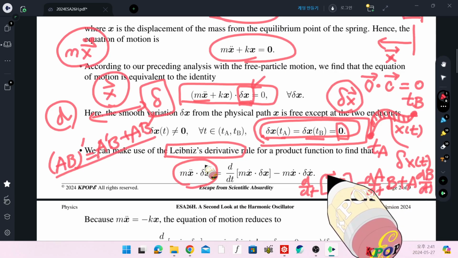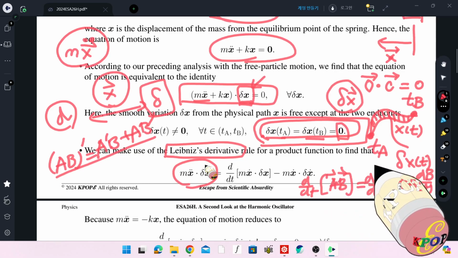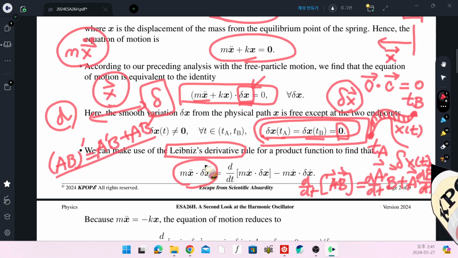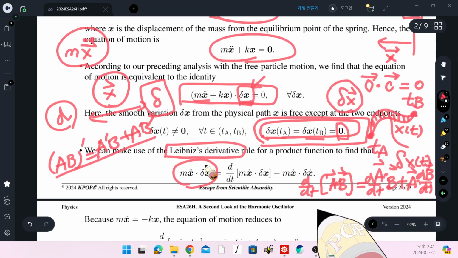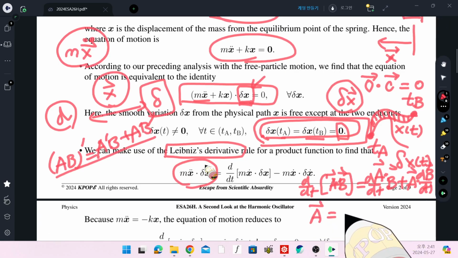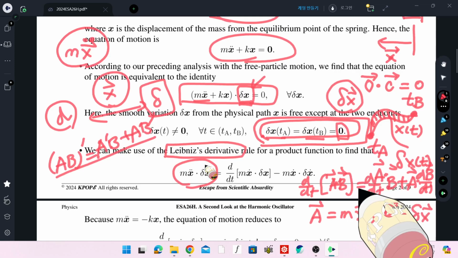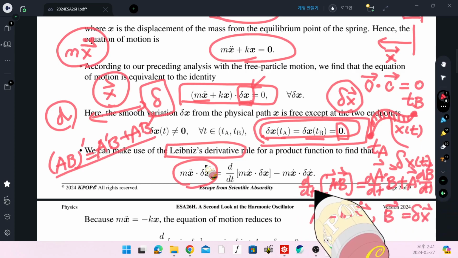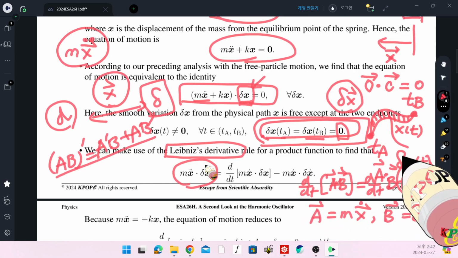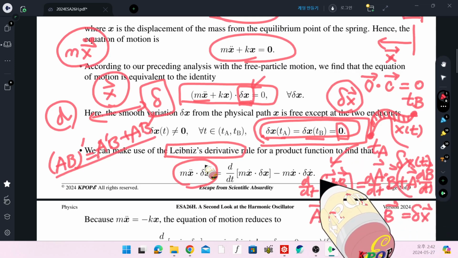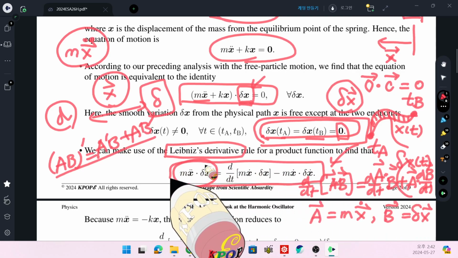We just replace this with the scalar product of two vectors, and replace a with m x dot and b with the delta x vector. Then we just move the second term to the left, or the first term to the left. Then we find the identity.